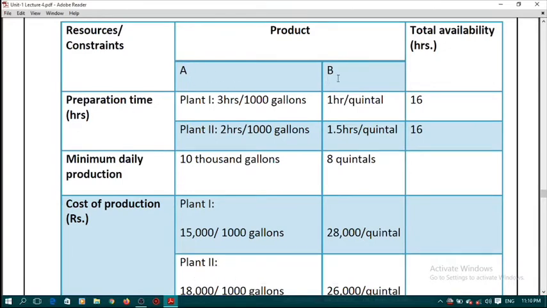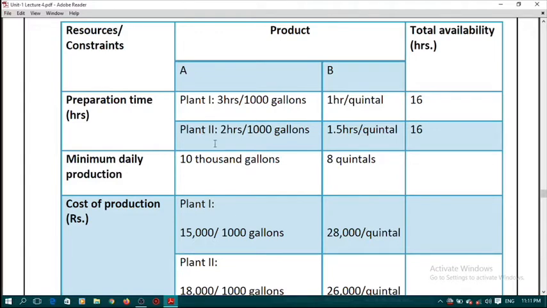For product A in plant 1, 3 hours per 1000 gallons and 1 hour per quintal of product B, and plant 1 has 16 hours.